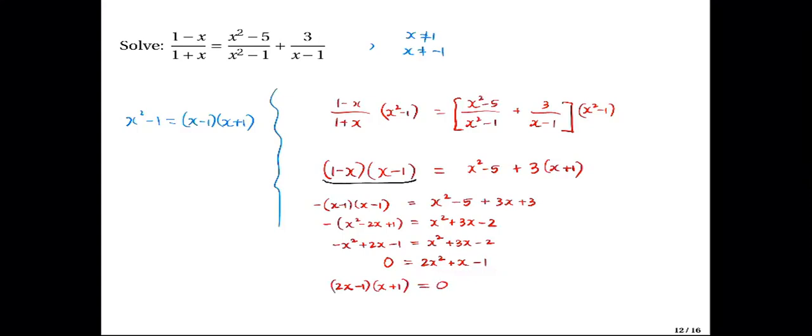Okay? Or we will have 2x minus 1 equals 0, or you have here x plus 1 equals 0. So for the first one, we have x equals 1 over 2. The other one is x equals negative 1. But take note, x equals negative 1, but we don't want x equals negative 1.